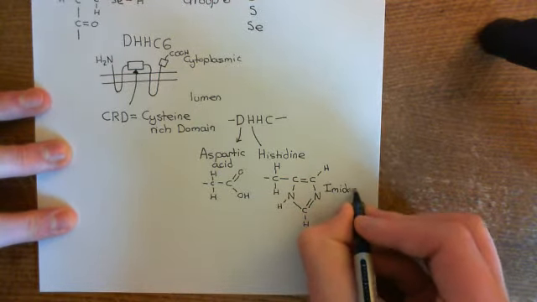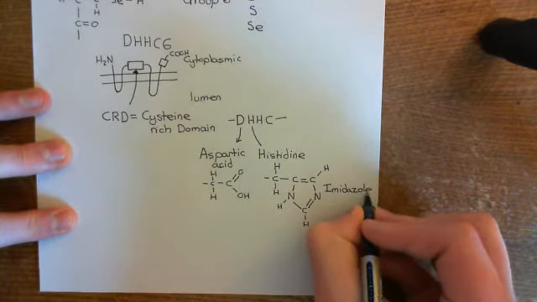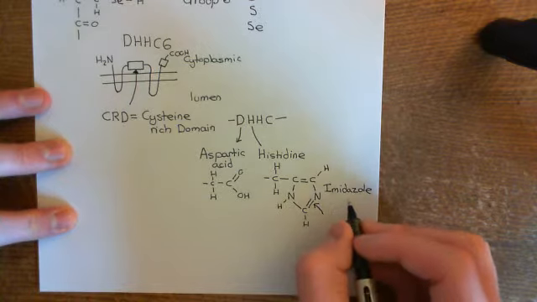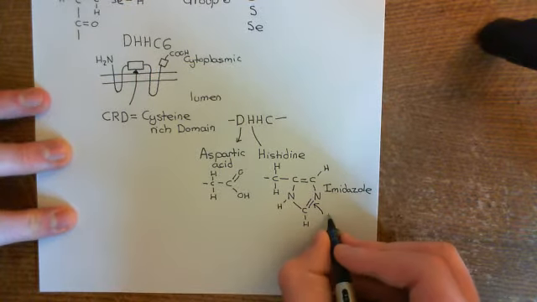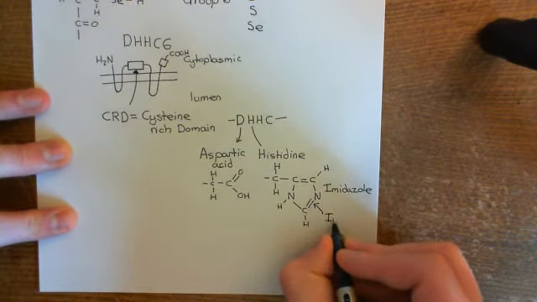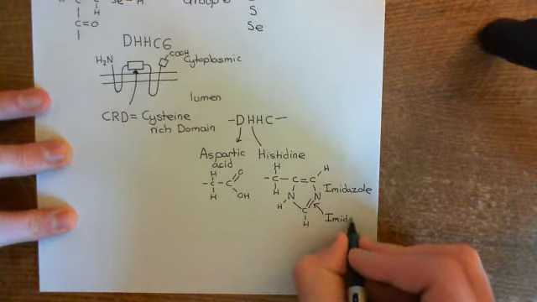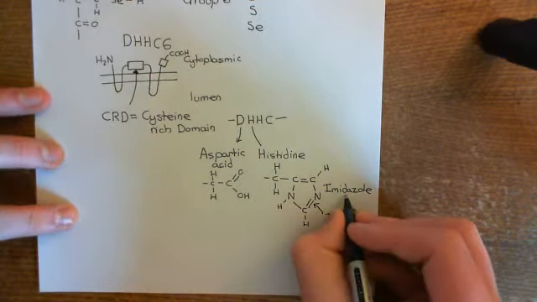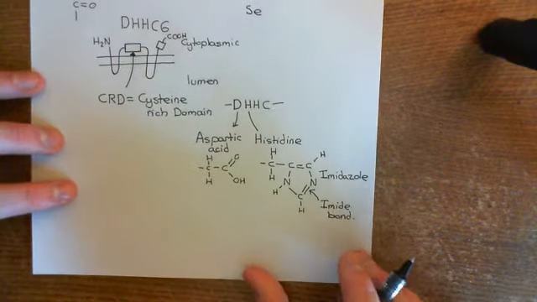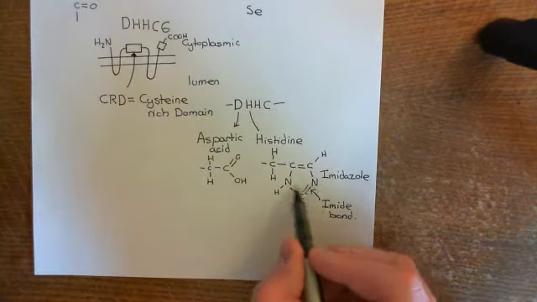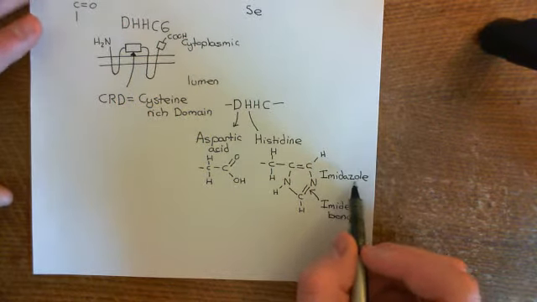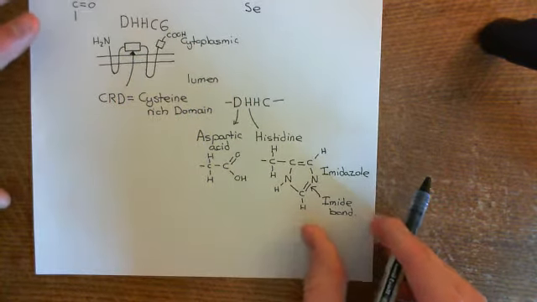Okay, and the reason it's called this is that this double bond between a carbon atom and a nitrogen atom, whenever you have a double bond between a carbon atom and a nitrogen atom, this is known as an imide bond. Okay, so that's where the imide comes from. Also the fact that you have 2 nitrogens, whenever you see anything with azo in, that means pertaining to nitrogen.